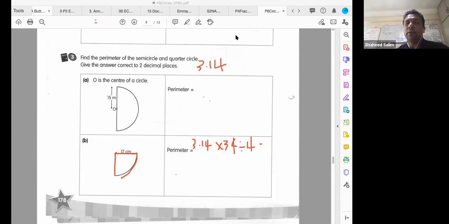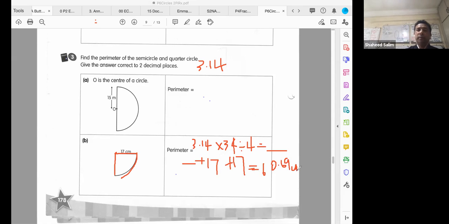Once you get the answer, you have to plus 17 plus another 17, which will give you 60.69. And this is in cm. Okay, we will move on to the next one now.